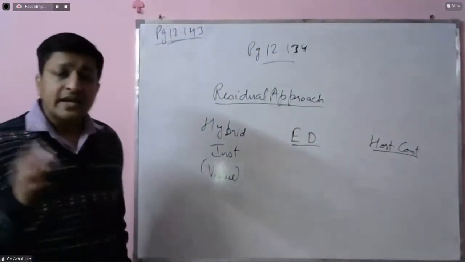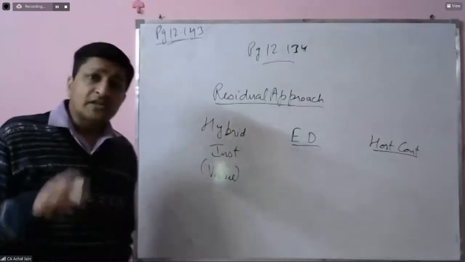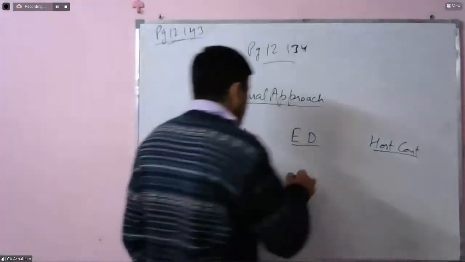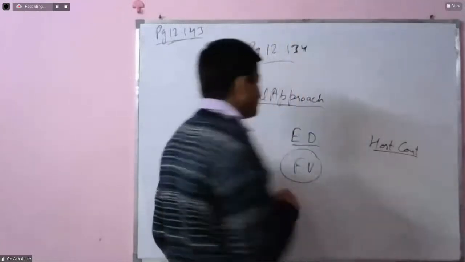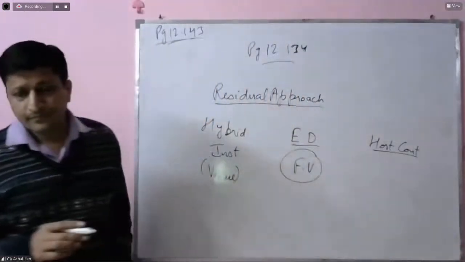In this case, the standard says, first of all, we should compute the fair valuation of the embedded derivative. This is the first step.